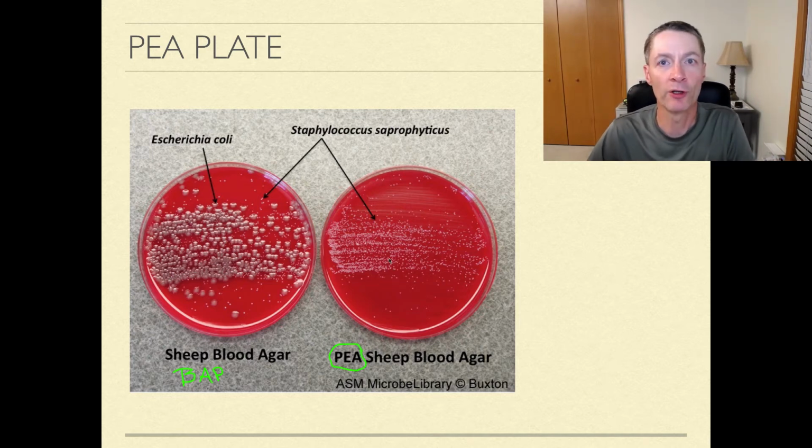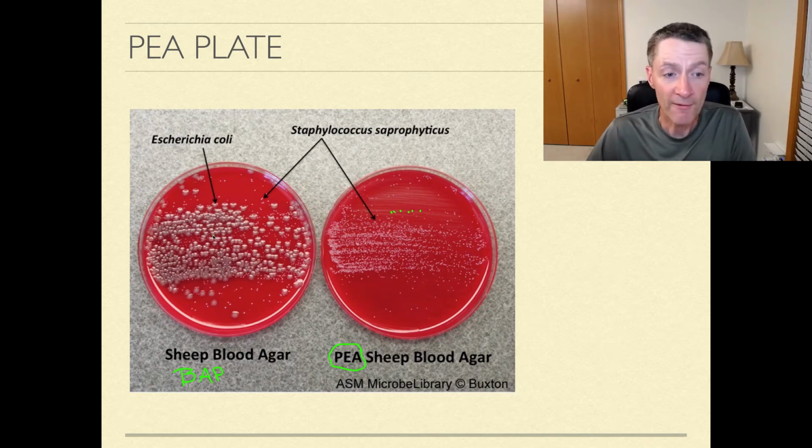The sample was a urine sample from a person that was having some signs and symptoms that indicated maybe a urinary tract infection. Now, on the right, you see these little tiny pinpoint colonies everywhere here, right? Indicating that there's an organism that must be gram-positive if it's growing on a PEA plate.